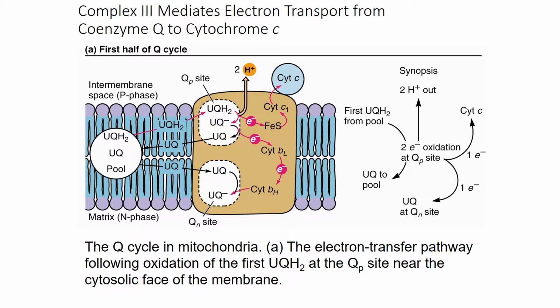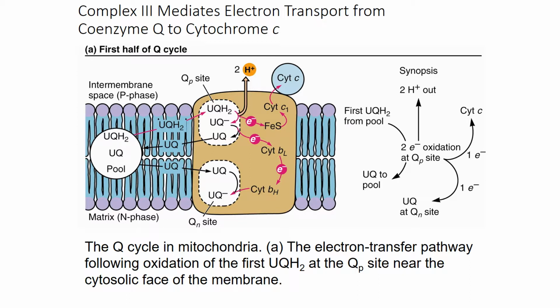What occurs here is what's called the Q cycle, where ubiquinol, CoQH2 or UQH2, undergoes a 2-cycle reoxidation in which the semiquinone is a stable intermediate. At the same time, there's transport of protons into that inner membrane space.